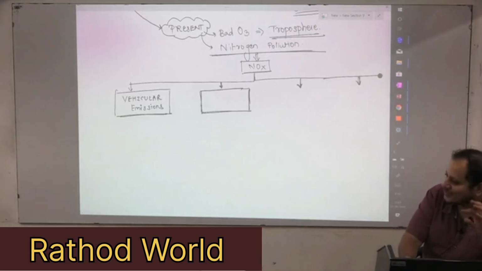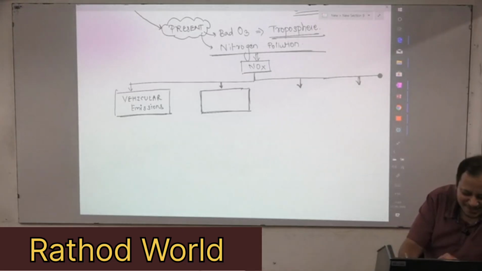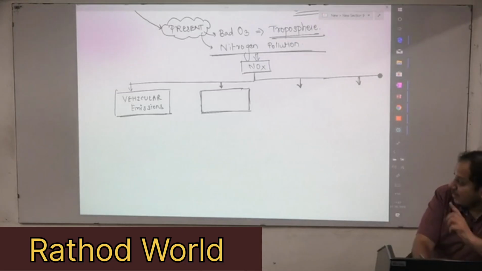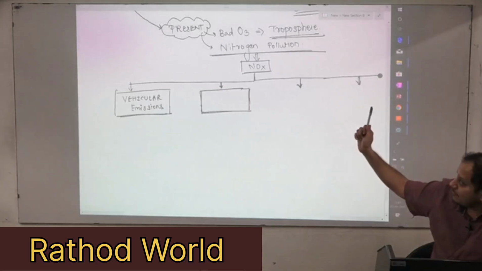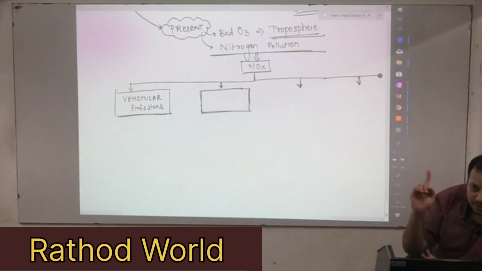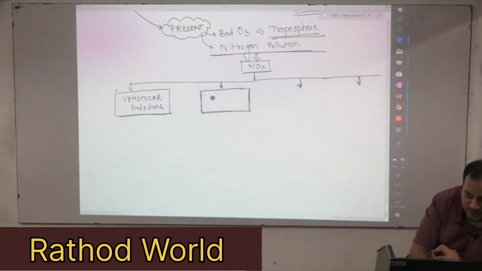Coming back to vehicular emissions, coming back to the nitrous oxide pollution. One of the reasons is vehicular emissions. The other reason is biomass burning.